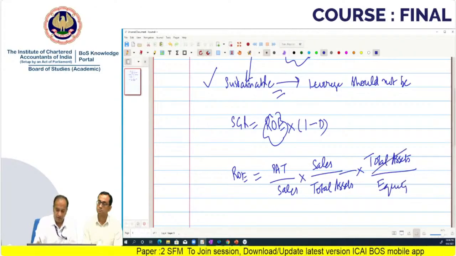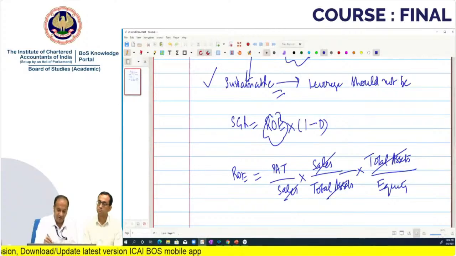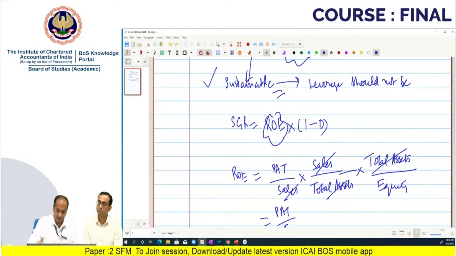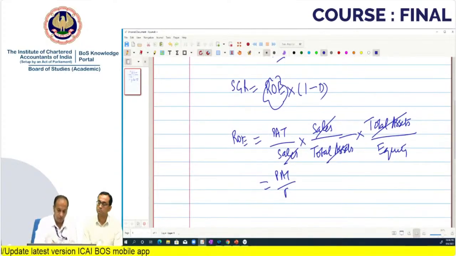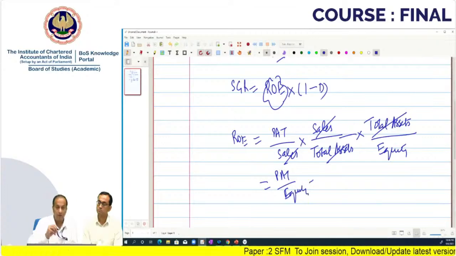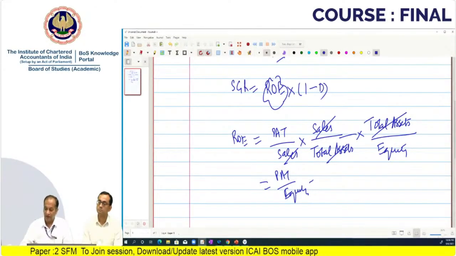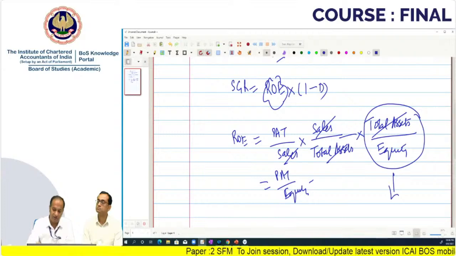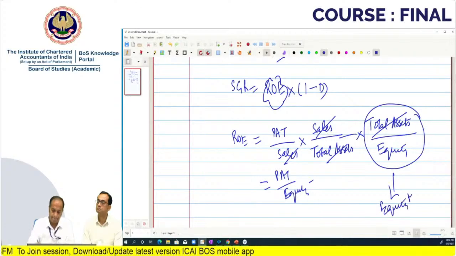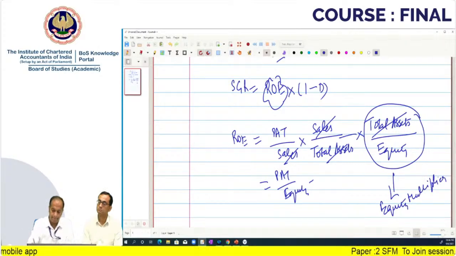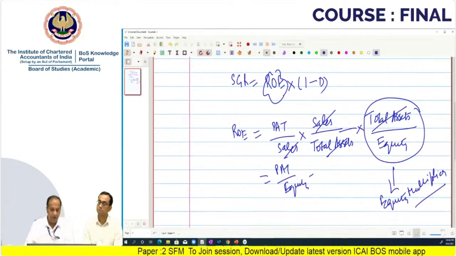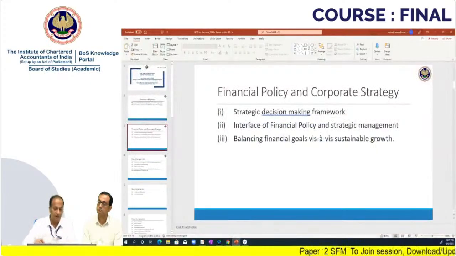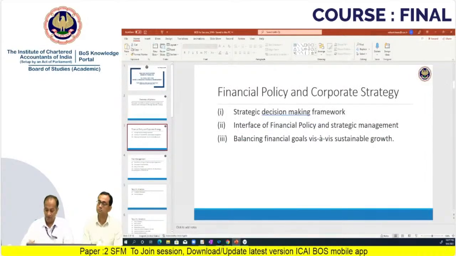So ultimately total assets get cancelled, sales get cancelled. So ultimately profit after tax upon equity. Okay, student, so from this we can get the value. And student, please note that this portion is also called the equity multiplier. So student, I hope with this our first topic of the syllabus, financial policy, must be clear to you.